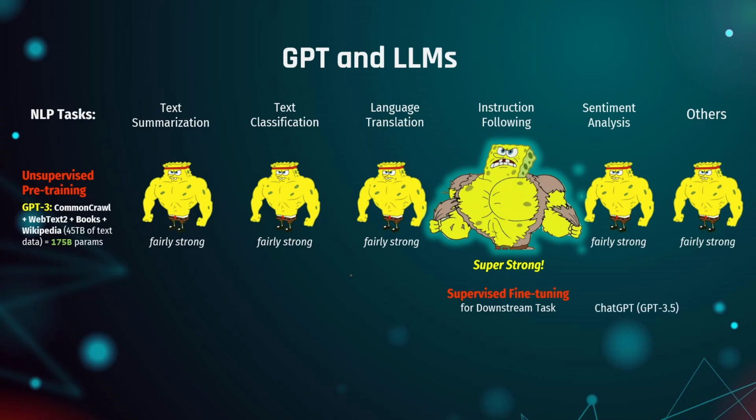Our ChatGPT, which is based on GPT 3.5, is fine tuned on instruction following, which is also known as question answering or imitating human dialogue. Okay, and ChatGPT takes the process one step further by introducing reinforcement learning with human feedback.